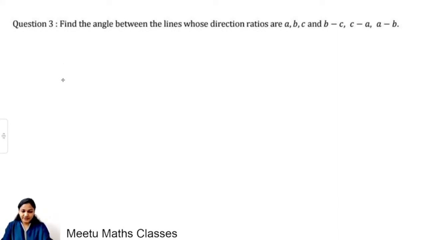Now your next question is, find the angle between the lines whose direction ratios are a, b, c and b minus c, c minus a, a minus b.